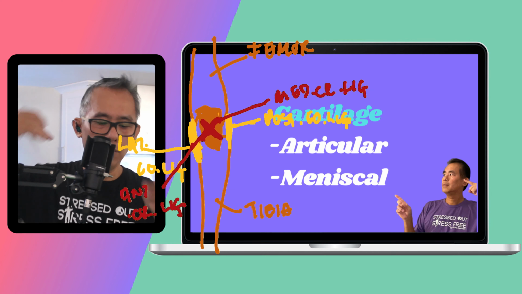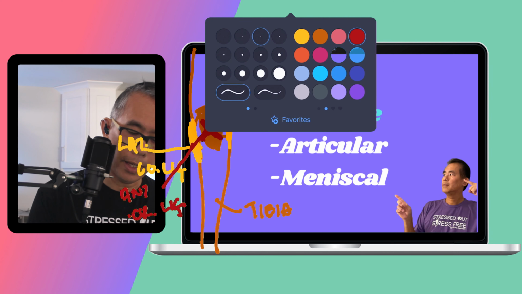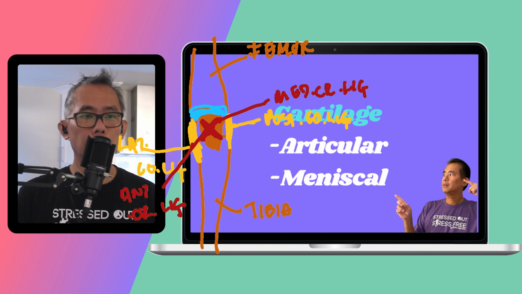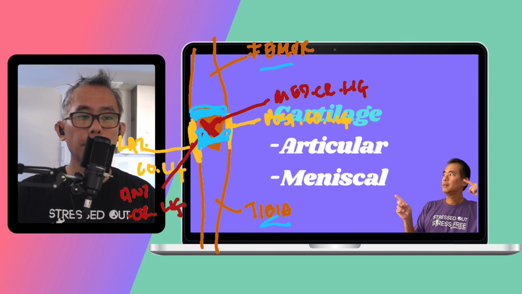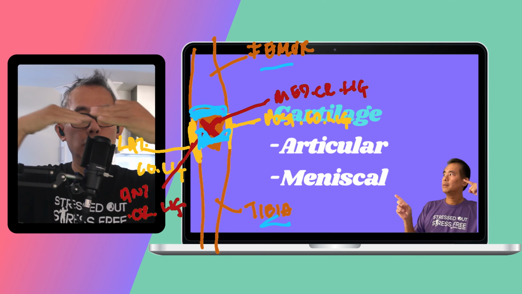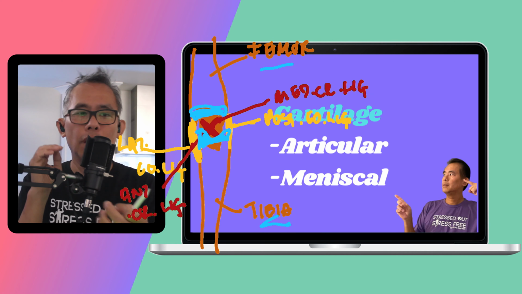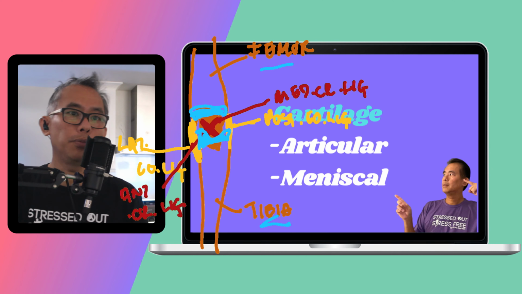One covers the end of the femur, like up there on the femur bone, and one is down here on the tibia bone. It's a slippery substance, so it helps the knee bones glide smoothly across each other, and it helps you bend and straighten your leg. So it's pretty important, right? This articular cartilage.